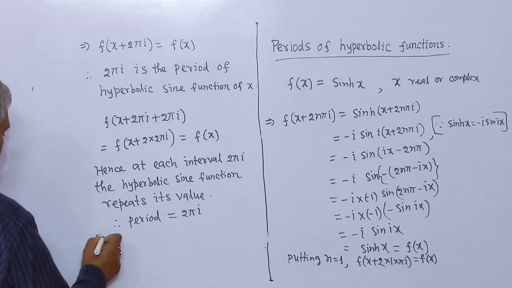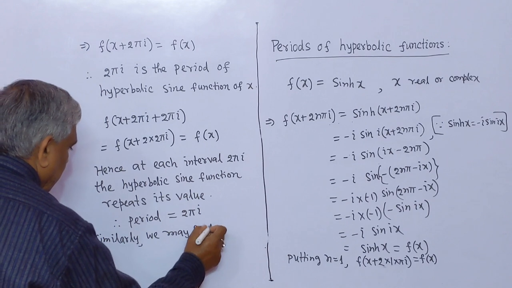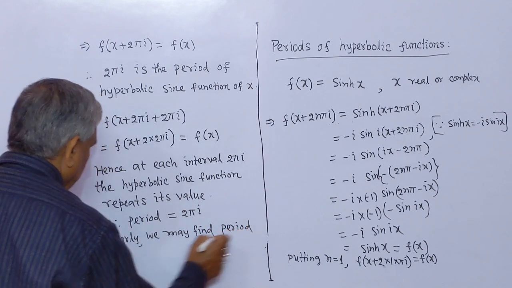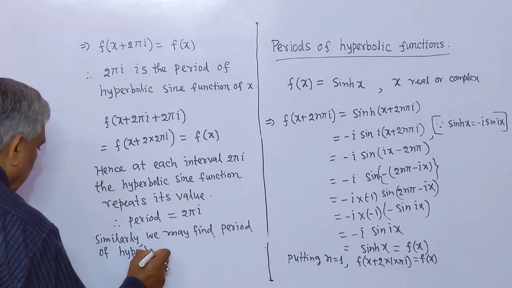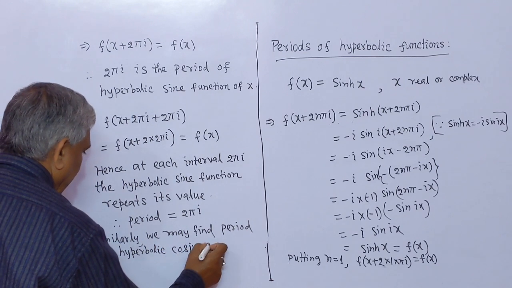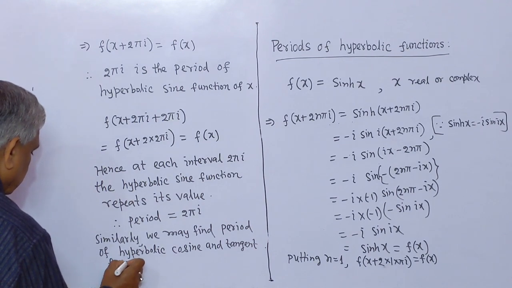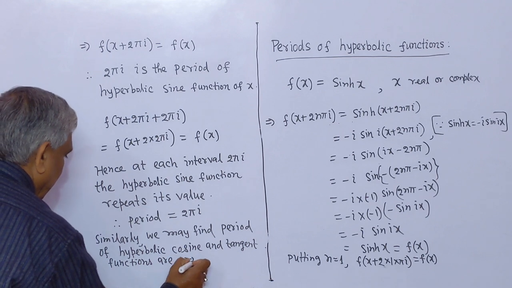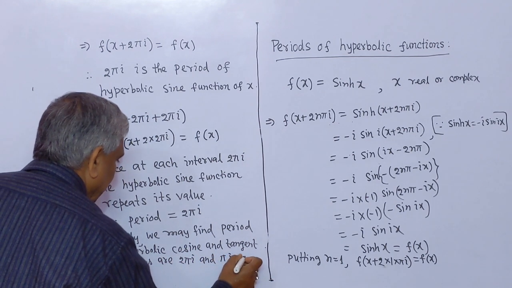Similarly, we may find the periods of the hyperbolic cosine and tangent functions, which are 2 pi i and pi i respectively.